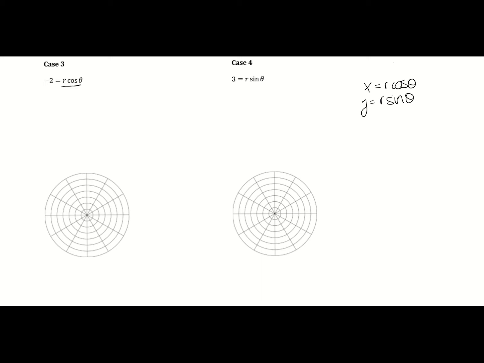So to graph this, the easiest thing to do is to change this to a rectangular equation. And what I get is that x is equal to -2. Now from algebra, we know that this is a vertical line going through x equals -2. So x is still right on the horizontal line, so x is -2 is right here.